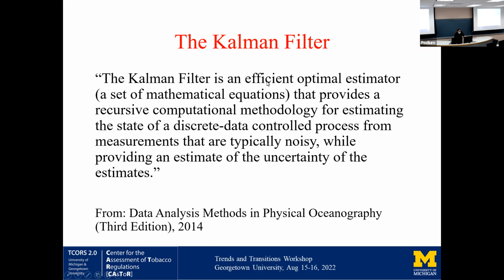Efficient in this case means compact and computationally easy to handle because it's recursive and doesn't need a lot of computation. It provides a recursive computational methodology for estimating the state of a discrete data control process from measurements that are typically noisy, while providing an estimate of the uncertainty of the estimate.